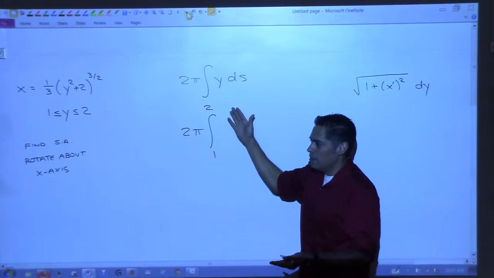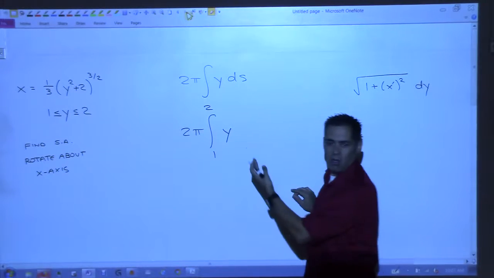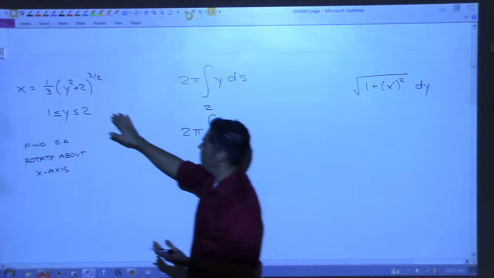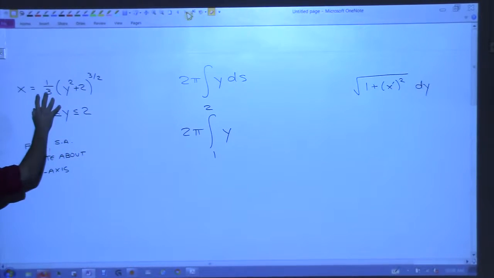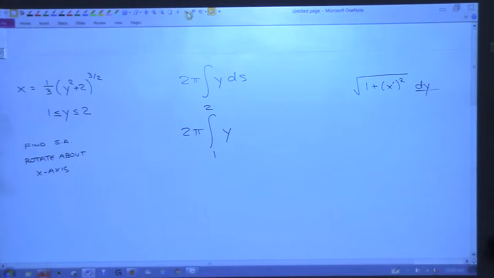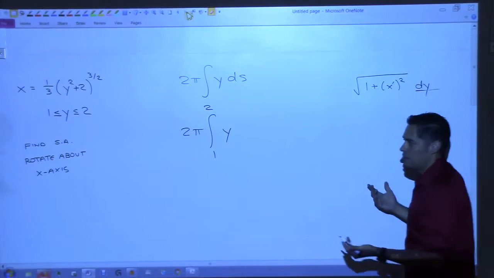But it is y. So it's just y. That's all it is. There's nothing else you have to do. You do not have to solve this for y. Like if I tried to solve this for y, wouldn't I get something with x's in it? Yeah. But I'm integrating with respect to y, so I don't want x's. So I just leave y alone. I just leave it. It turns out to be very nice.